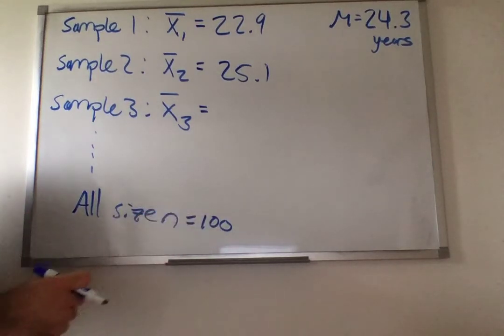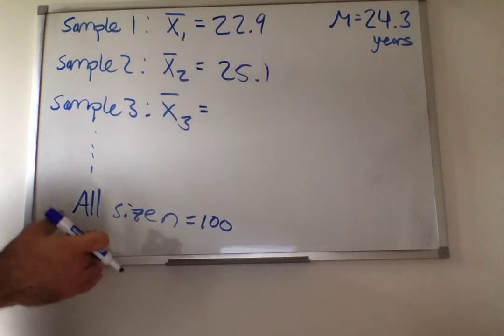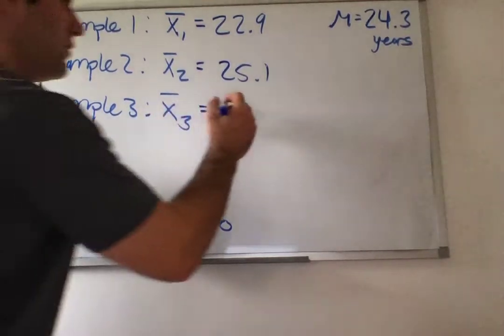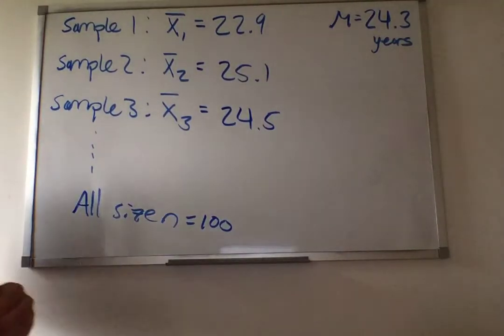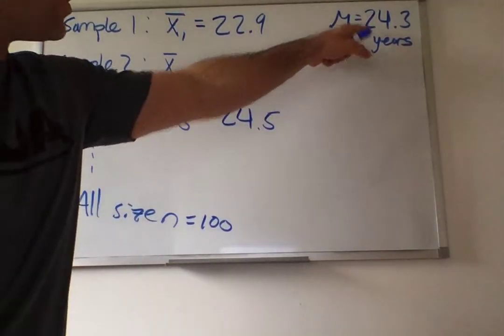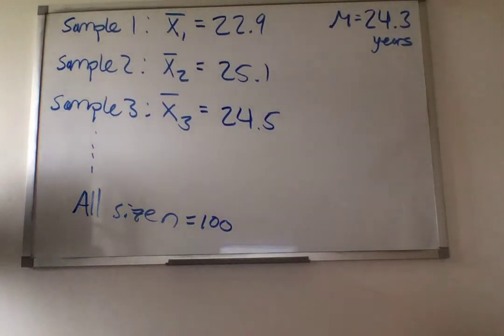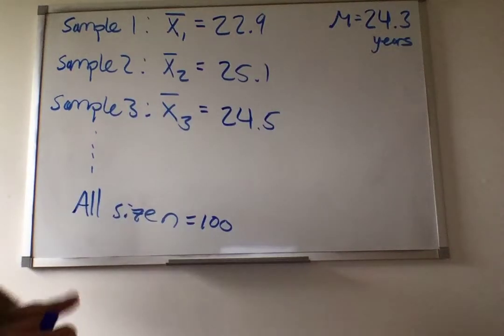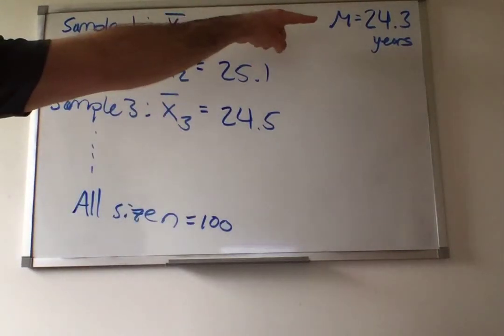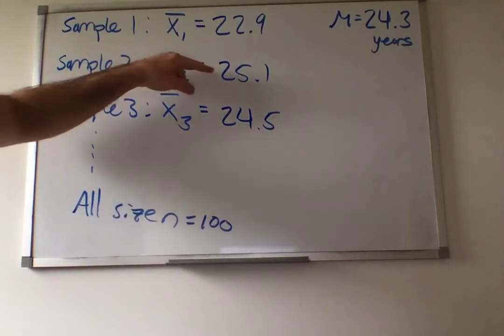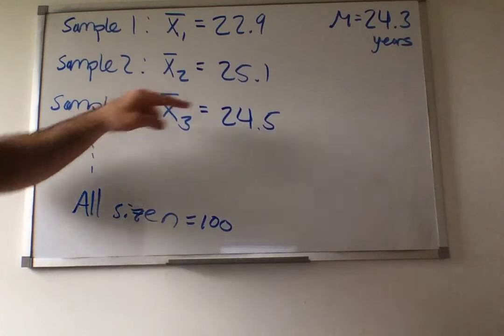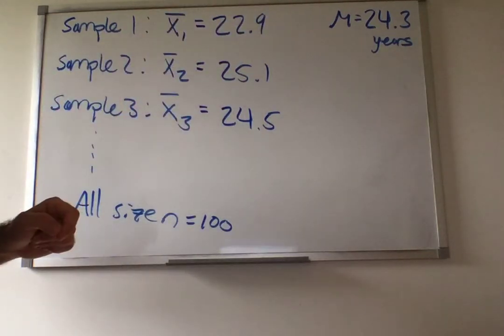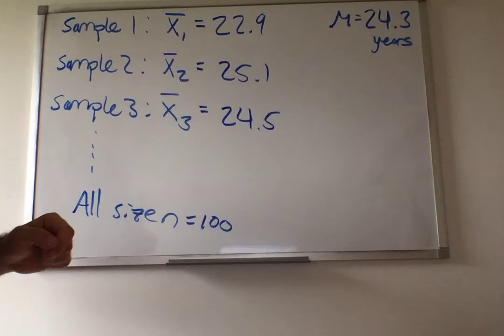We ask 100 people what their age is, and out of those 100 people, we find the average age is 24.5 years. It's still over, but it's almost exactly the population average. Now, we have some that undershoot the actual population average, some that overshoot it, and some that are about equal to it.